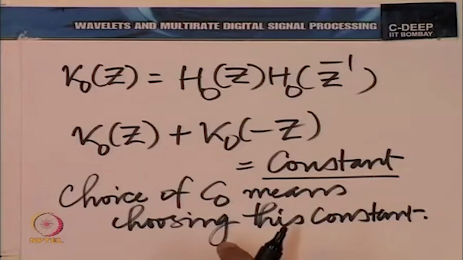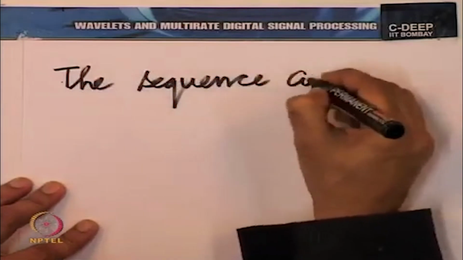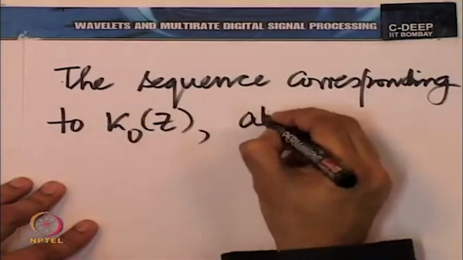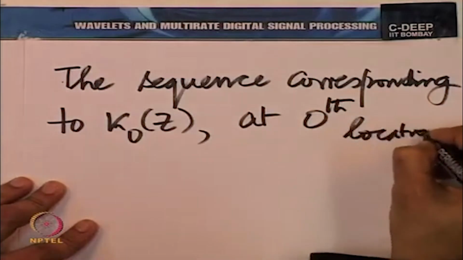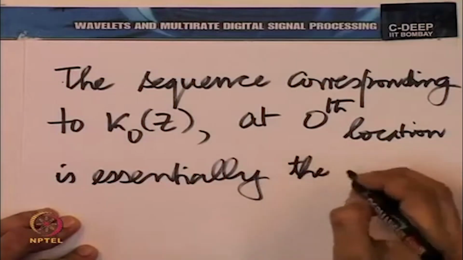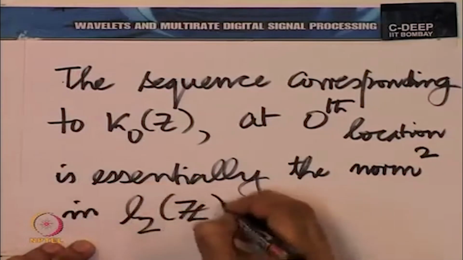The easy thing to do is to ensure that the impulse response has a unit norm in the sense of L 2, because if you look at it, the dot product of the impulse response with itself, what we are saying essentially is kappa 0 z, the sequence corresponding to kappa 0 z at the 0th location is essentially the norm squared in L 2 z of the impulse response.